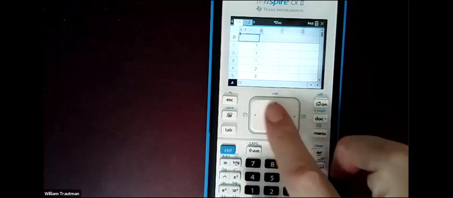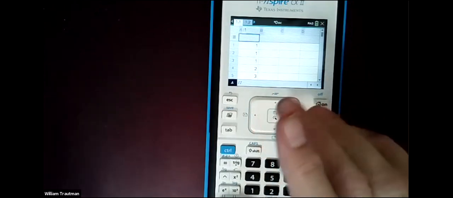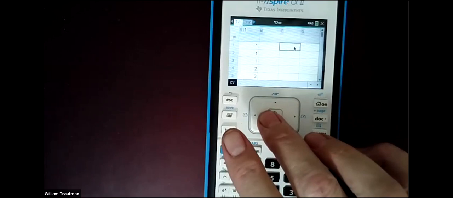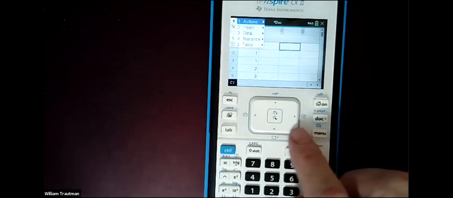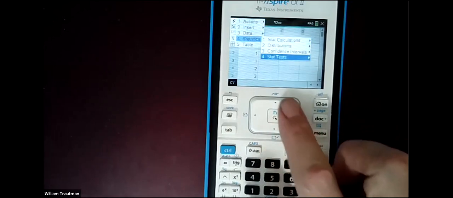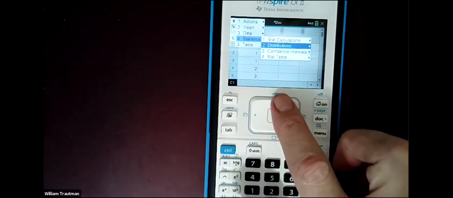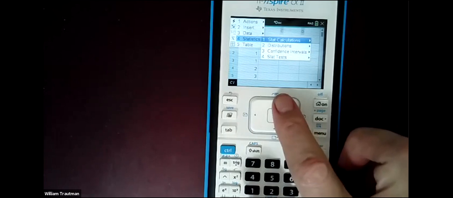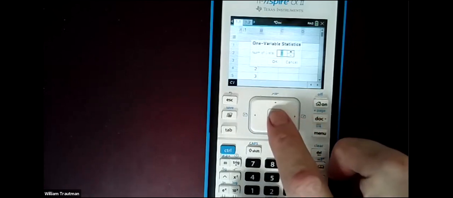What you normally would do then is click over to the right, anywhere to the right. Then hit menu, statistics, stat calculations, and one variable stat. And then we hit enter here because we have one list.